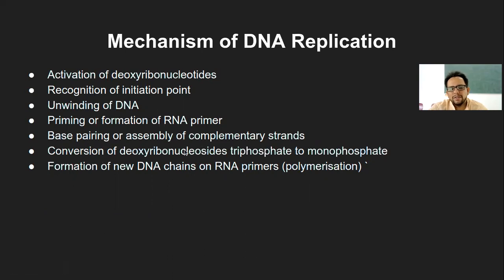Then conversion of these deoxyribonucleosides from triphosphate to monophosphate residues, and then the formation of the DNA chains on the RNA primers, what is called polymerization. So we'll see one by one each of these steps.